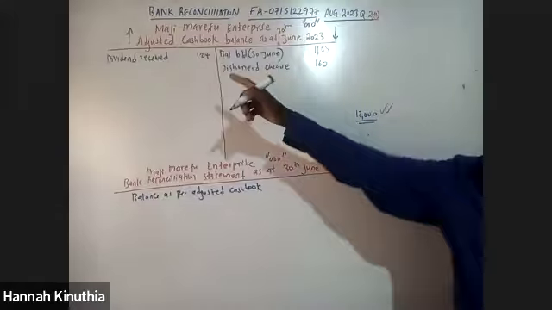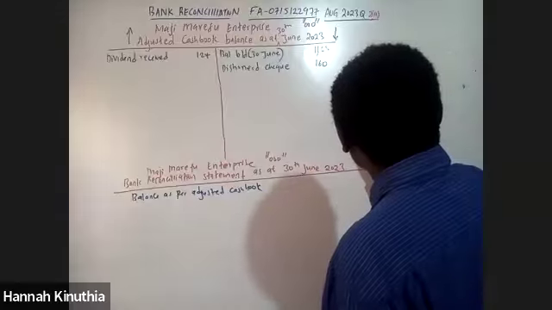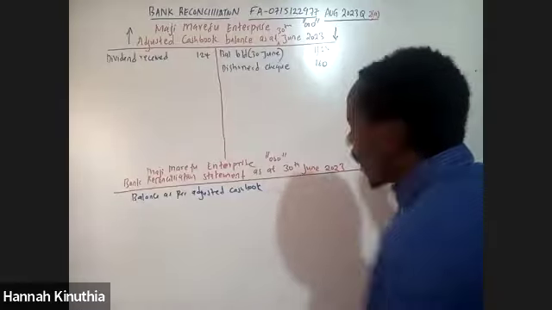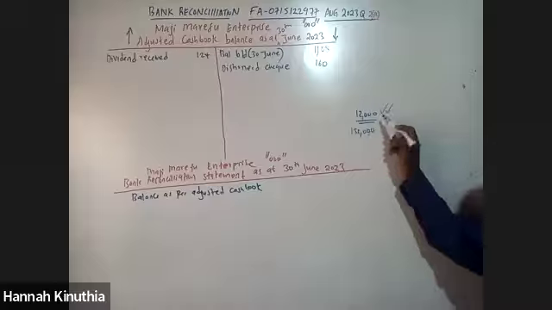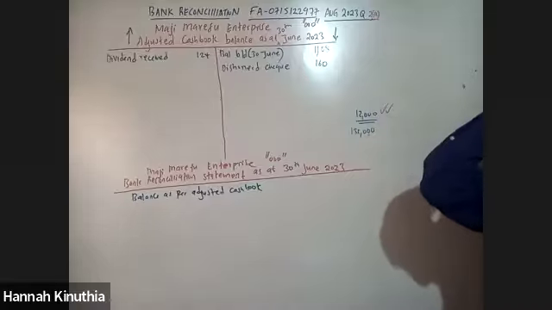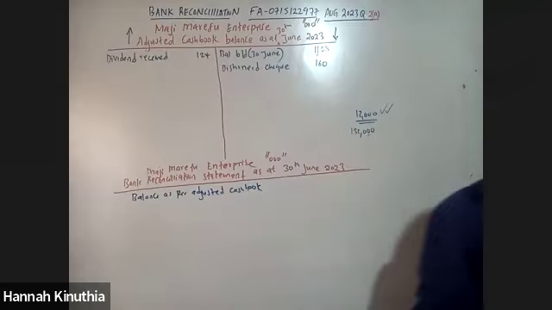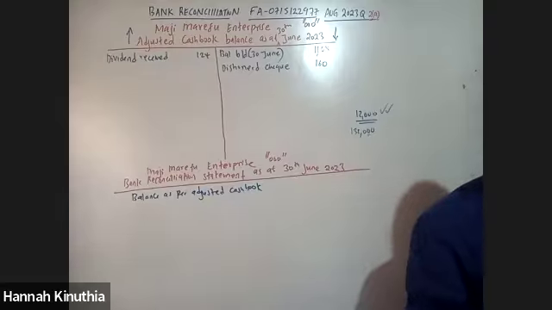Lakini wakati wanakuja kuirekodi kwa cash book, badala ya waandike 12,000, wakaandika 132. We were supposed to pay 12,000, lakini walirecord kama 132.